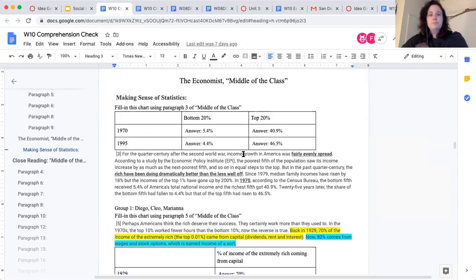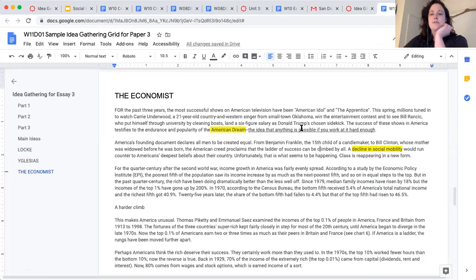Here we've got these different numbers: the bottom 20% of people own this much wealth, the top 20% own this much wealth, and that's how it changed from 1970 to 1995. Maybe that's something a little bit difficult, so let's see if there's one sentence that encapsulates that.